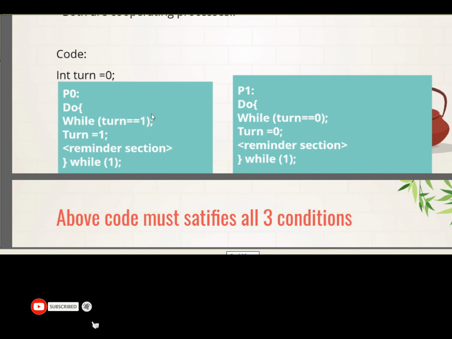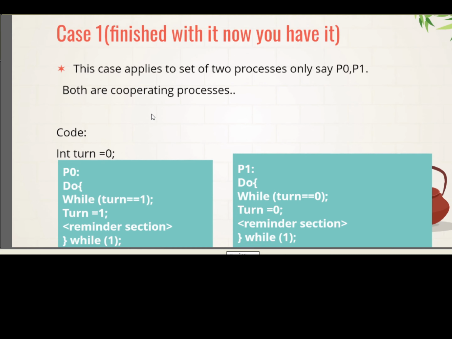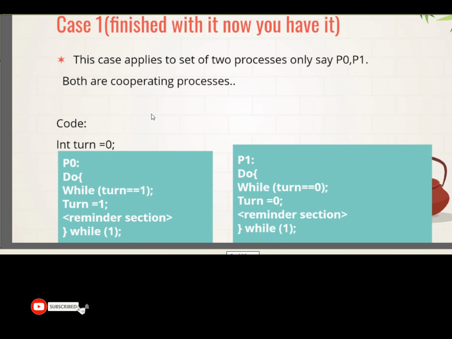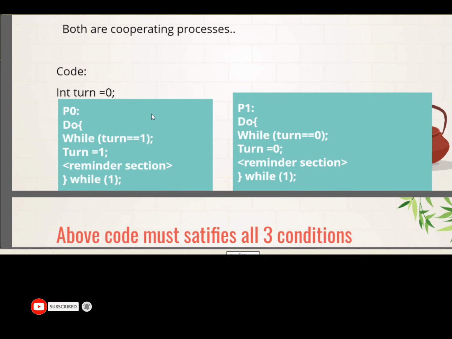First is case 1, in which we follow the code to satisfy all the requirements for the three conditions: mutual exclusion, progress, and bounded waiting.